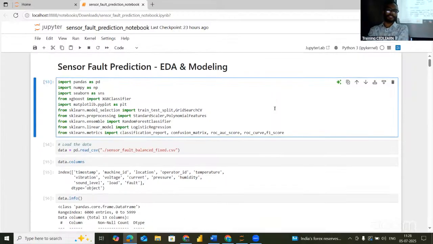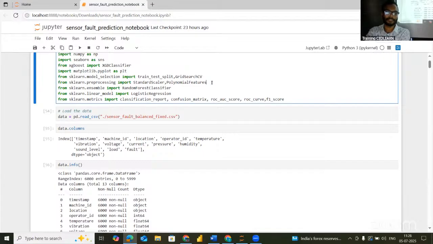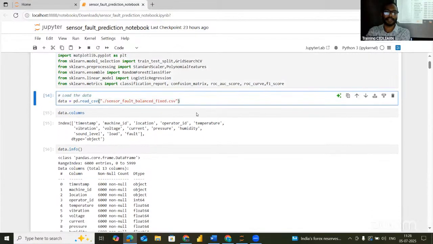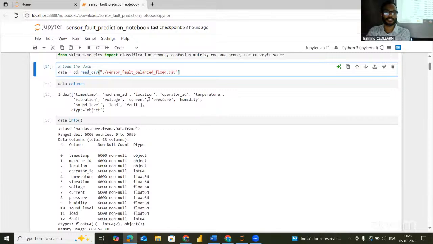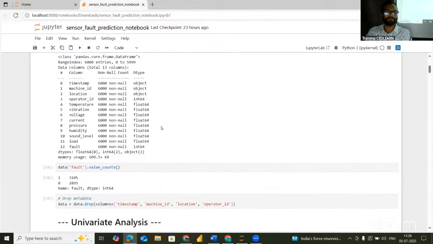Yeah, so this is the basic example I want to show. Once we have all the necessary imports like packages, I'm reading the data and seeing what the different columns present here are, and seeing the information of the data.